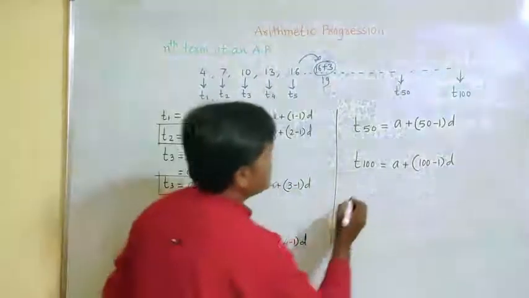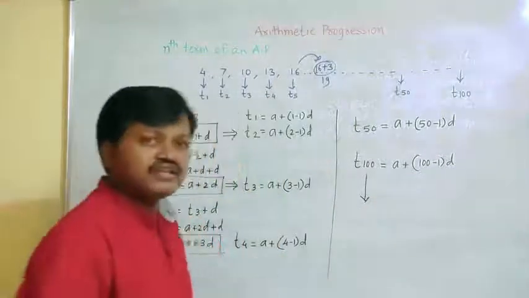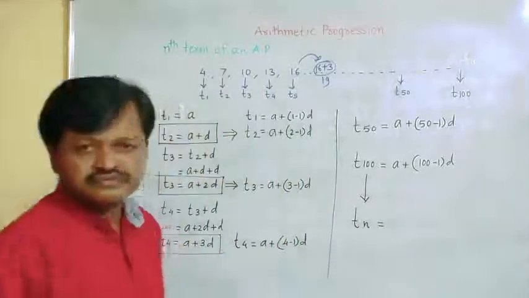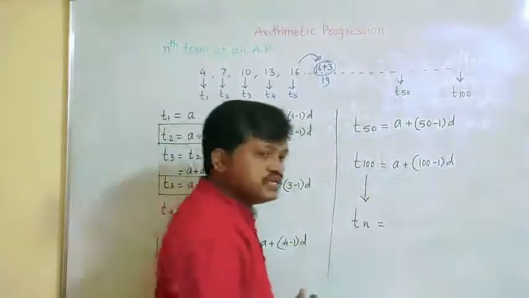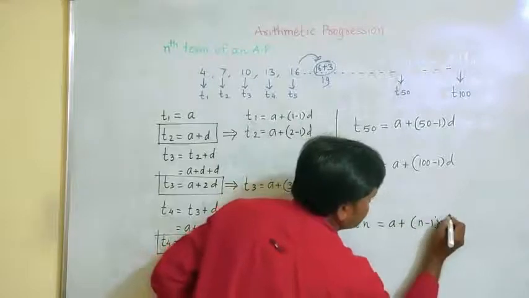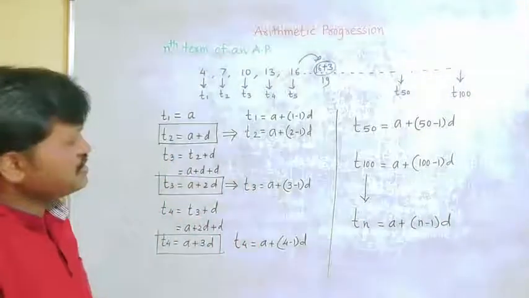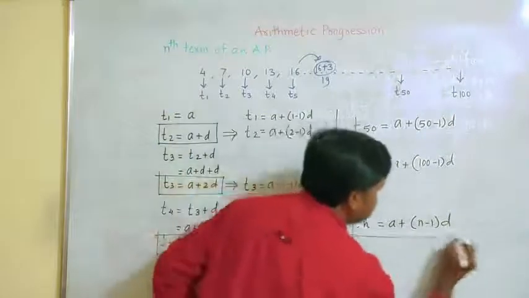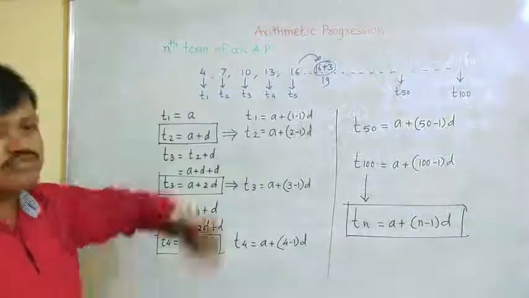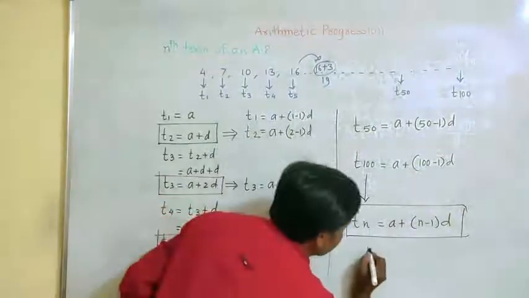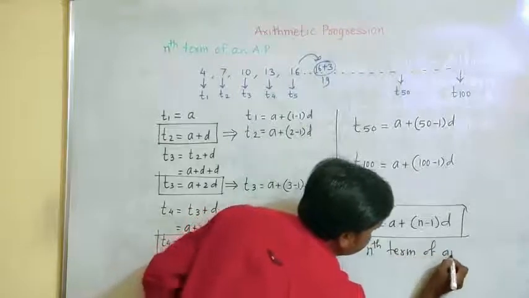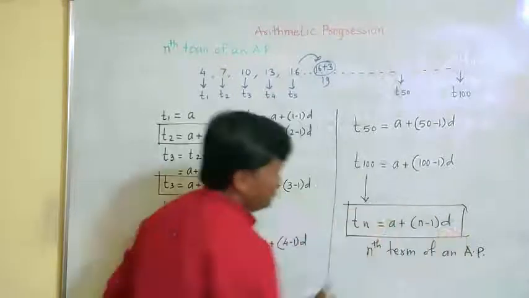And as a generalization, we want any number, that means Tn. So I write a plus n minus 1 d. As a generalization, we get this formula, and this formula you call the nth term of an AP.